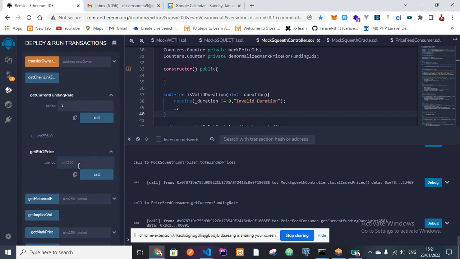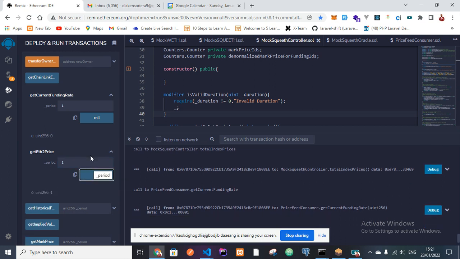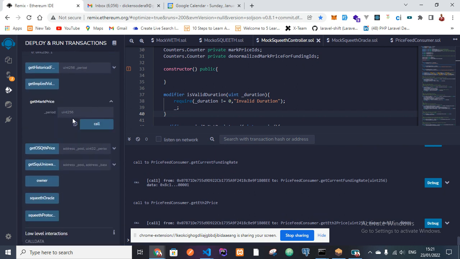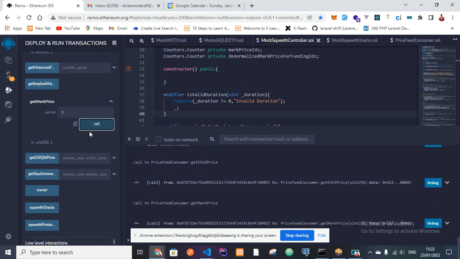Also get the ETH2 price, which is the index price, should be one as added the other time. Can also get the mark price, the squared ETH price or SQH.